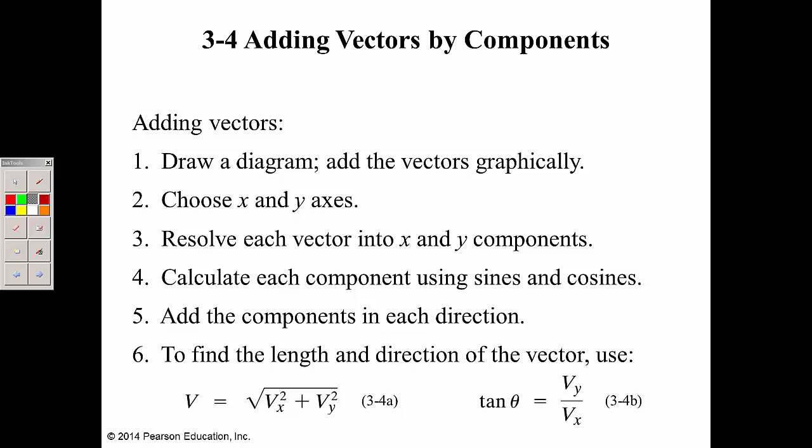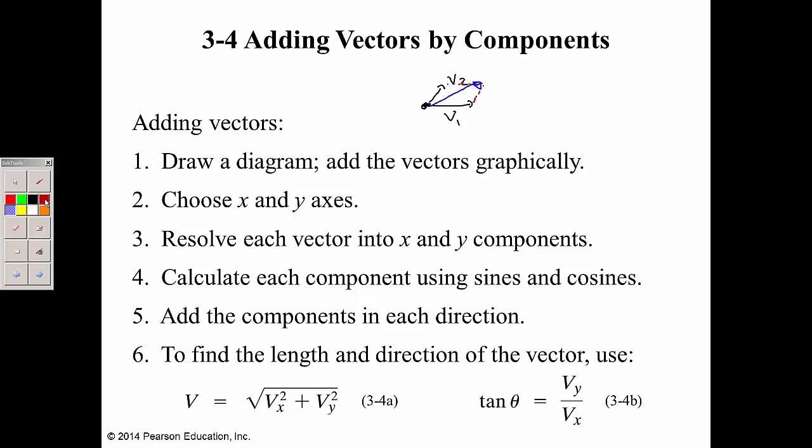Now when you're adding vectors by components, first thing you do is just draw a diagram. Say I've got two vectors, v1 and some other vector, v2, and get kind of a feeling for where you think the sum of the vectors should be. So draw a little diagram, get a feeling for what you expect.